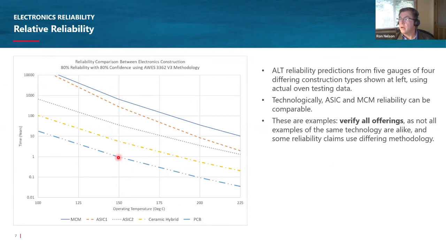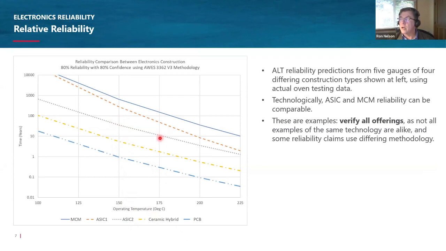If I change that out to a ceramic hybrid gauge, so the same operating temperature but different gauge construction, I'm approaching about 8 years, so almost an order of magnitude improvement in reliability. And then if I go to one of the ASIC constructions, which is the application-specific integrated circuit, I'm probably approaching about 50 years here. So I've had over an order of magnitude improvement in reliability by changing these gauge constructions. And then likewise, if I take this gauge and run it at 175 Fahrenheit, I'm back down to 10 years.